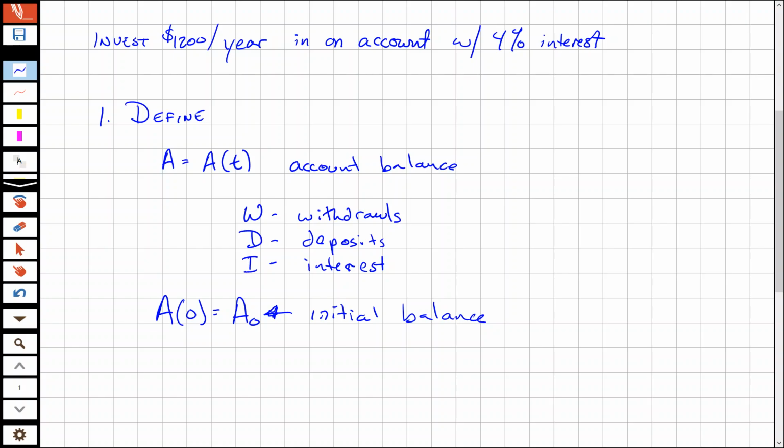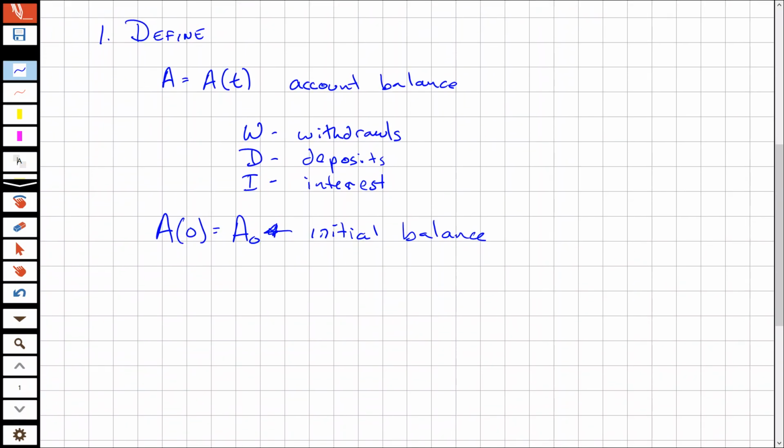We don't need to worry about control volumes here. In a sense our control space is just that bank account. But we can go on to the next one. So what are we conserving? Conservation.